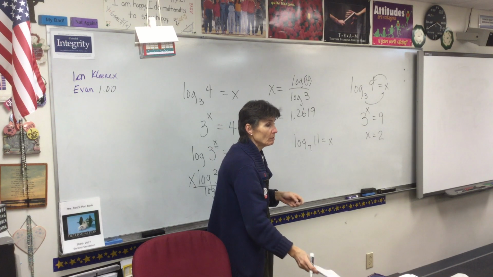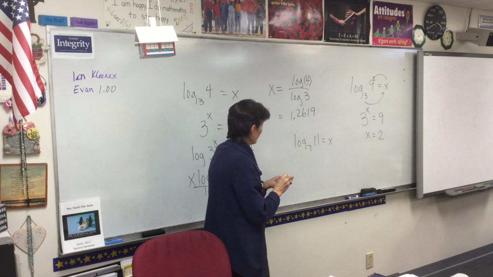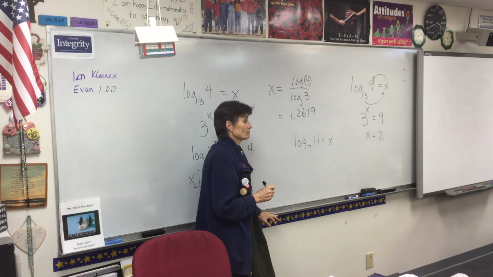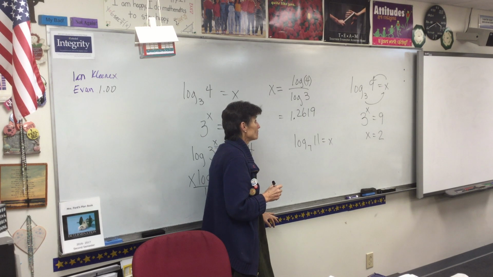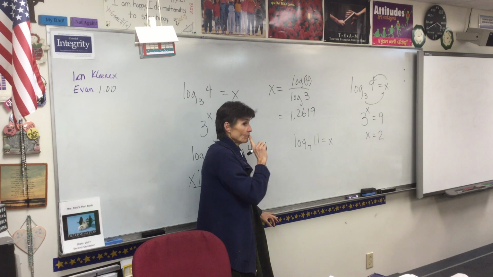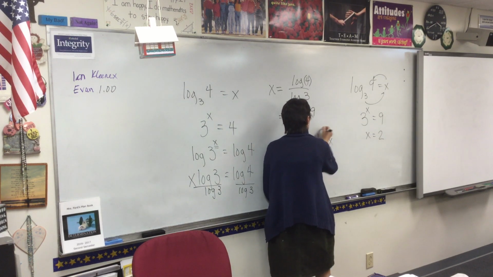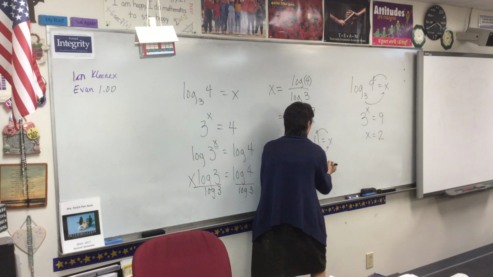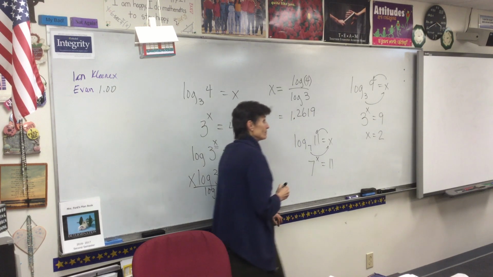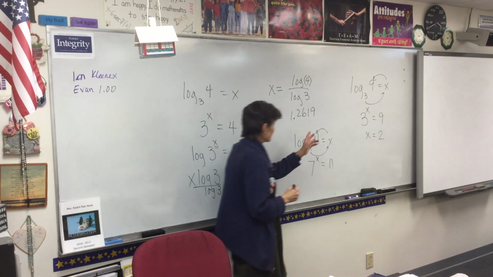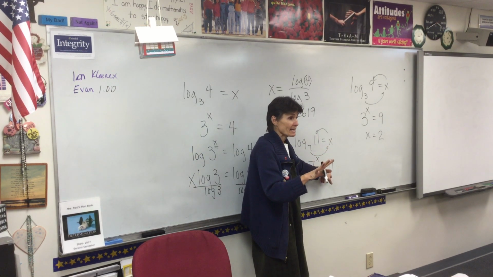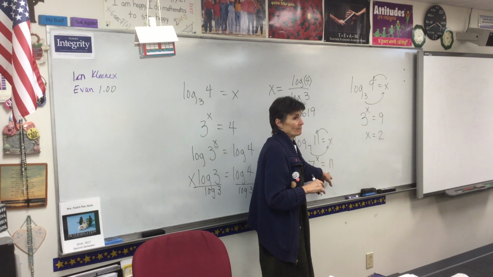So when I look at problem B, and it says log base 7 of 11 equals what? How will I start? First I need to loop-de-loo it. So it's going to say 7 to the x equals 11. Now, if this number had been a 49, I'd be all set.